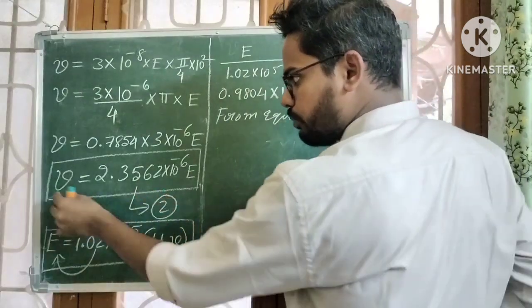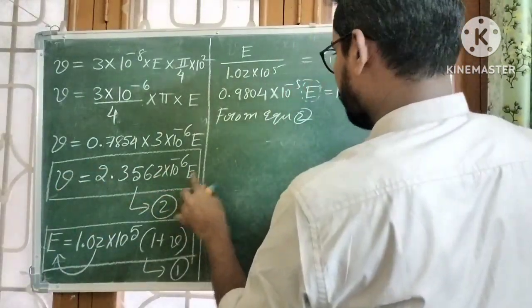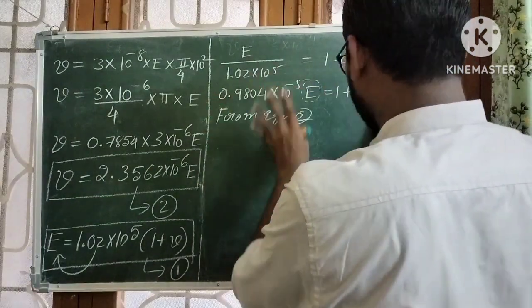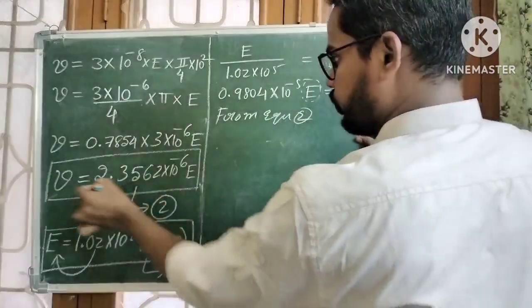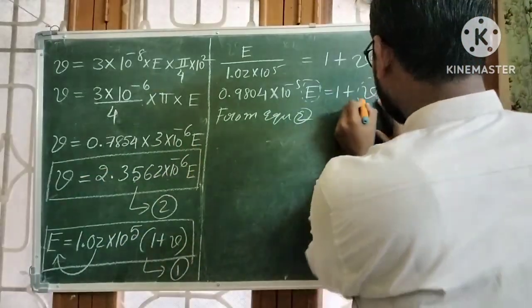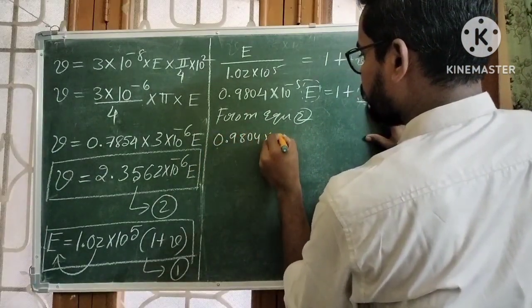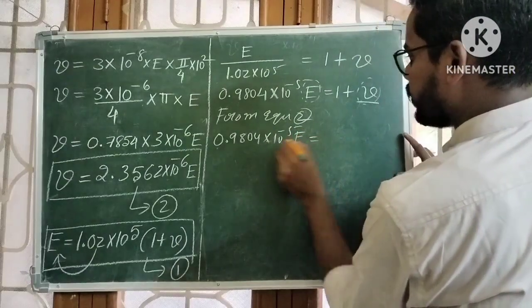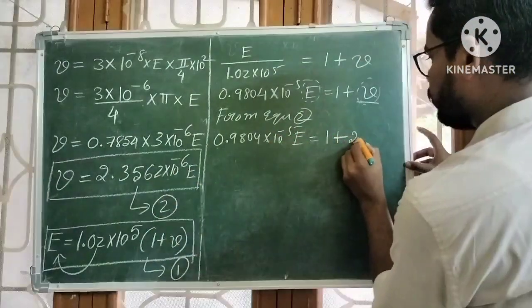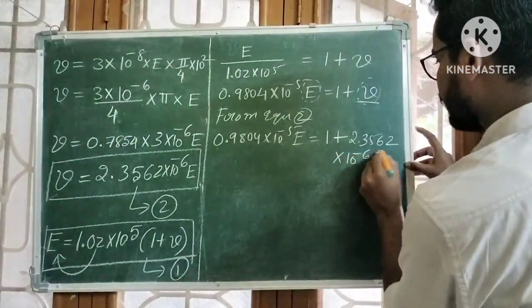Mu is in terms of E. So I want to convert this entire equation in terms of E. So in place of mu we can take 2.3562 into 10 to the power of minus 6 into E. So replace mu: 0.9804 into 10 to the power of minus 5 into E is equal to 1 plus 2.3562 into 10 to the power of minus 6 E.